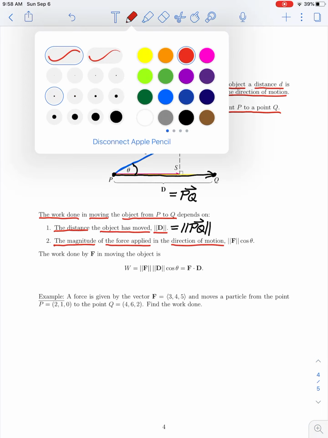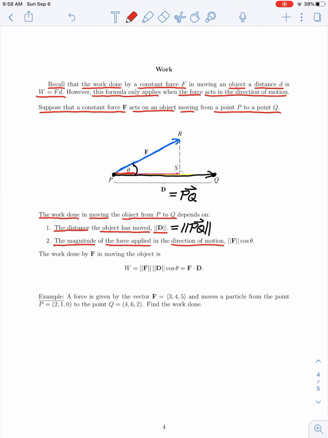So we're trying to determine the component of our force F acting in the direction of this displacement vector, the component of F onto D.